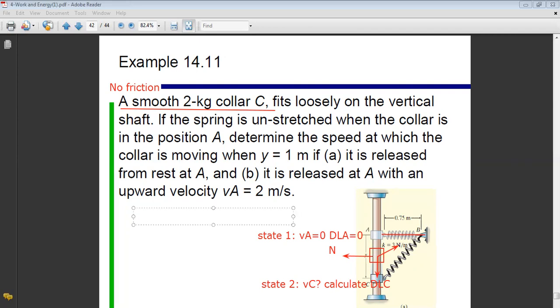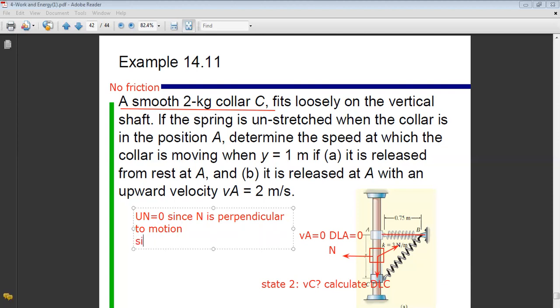Work of N is equal to 0, since N is perpendicular to motion. So I only still have the work of the spring force and the weight.